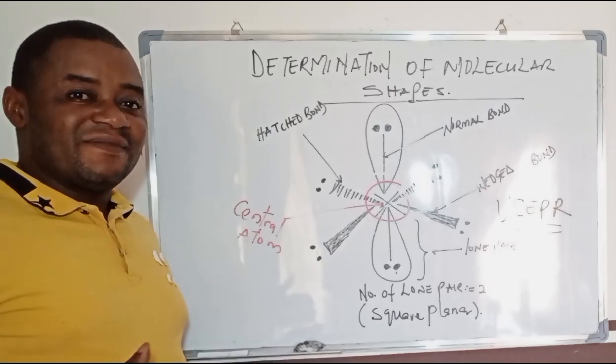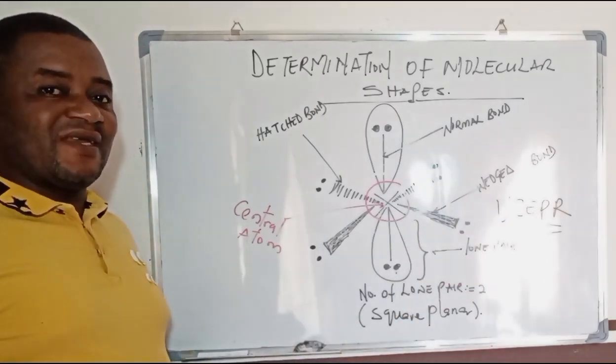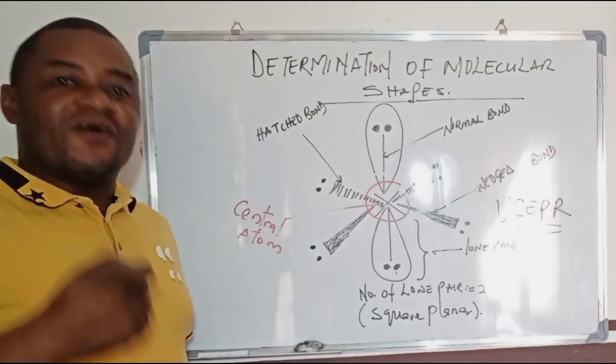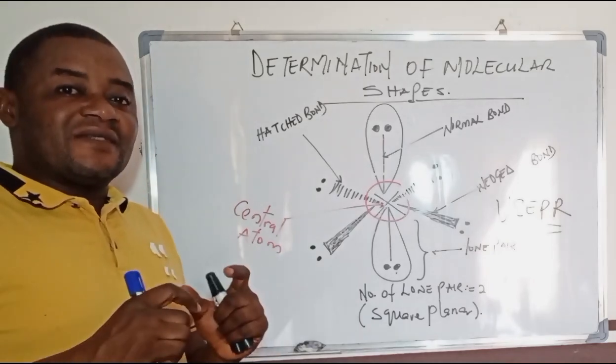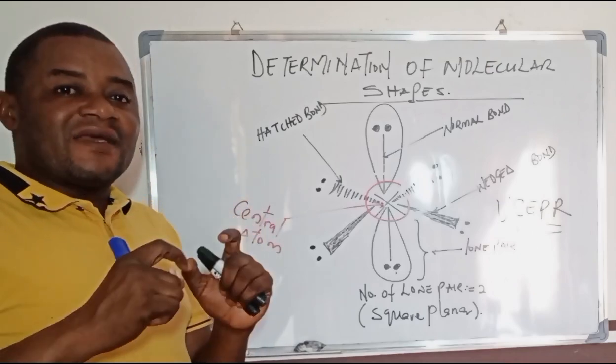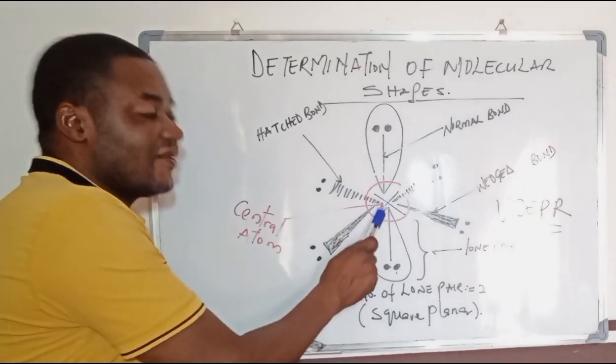So through the valence shell electron pair repulsion theory, we can determine the shape of a molecule, provided we understand the number of electrons in the valence shell of the central metal atom, or the central atom.